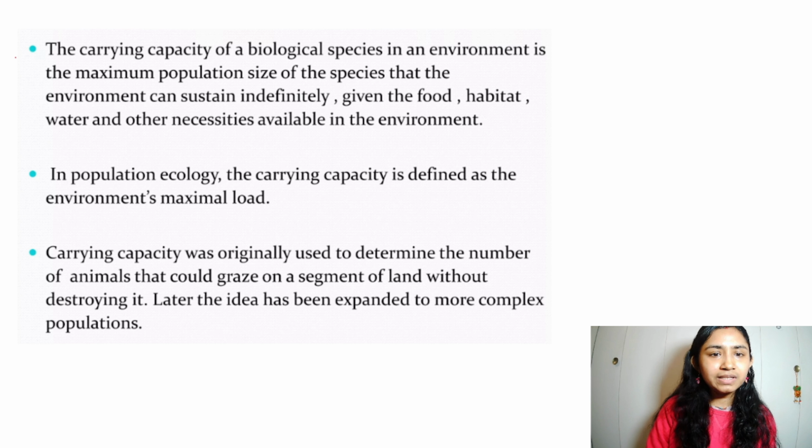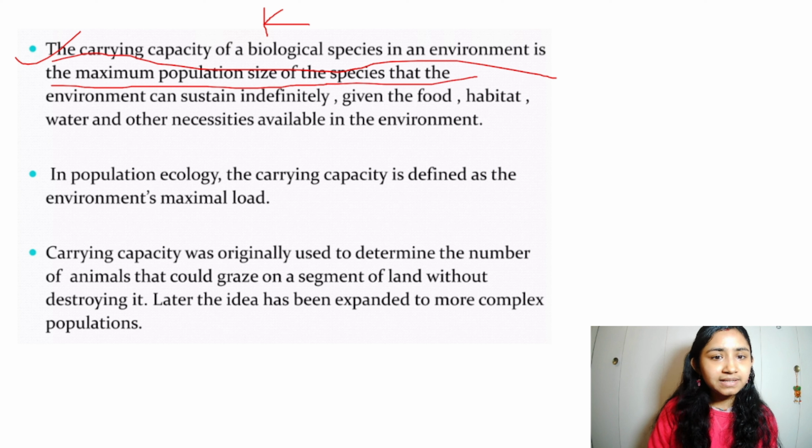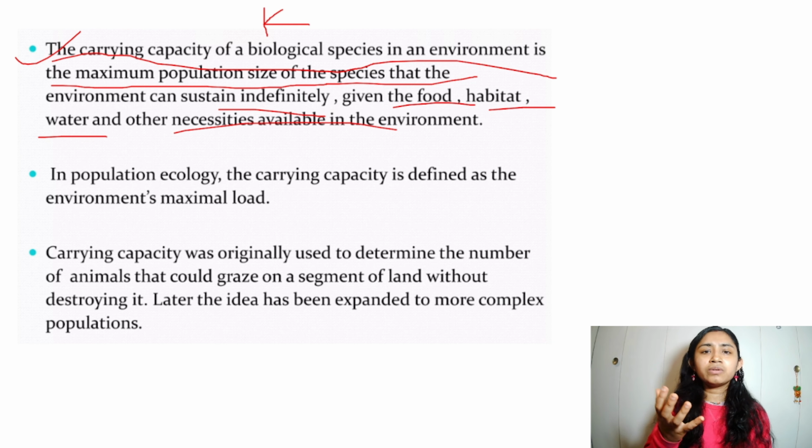The carrying capacity of a biological species in an environment. Now, what is carrying capacity, which is denoted by K? The carrying capacity of a biological species in an environment is the maximum population size of the species that the environment can sustain indefinitely, given the food, habitat, water and other necessities. So what do we require for living?